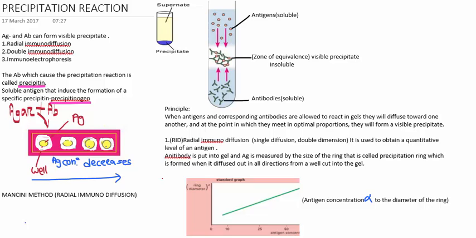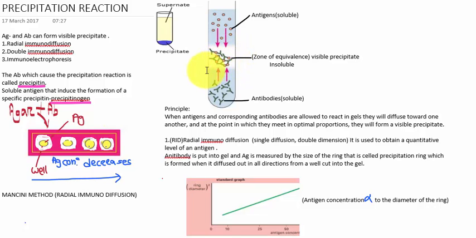So let's discuss the precipitation reactions in immunological terms. Reactions between the antigen and antibody. So you can see in this picture, suppose this is a test tube. You have poured the antibodies and you have also poured the antigens. So the antigens are soluble in nature and the antibodies are also soluble in nature, and they form a zone of equivalence that is called the visible precipitate, which is insoluble in nature.